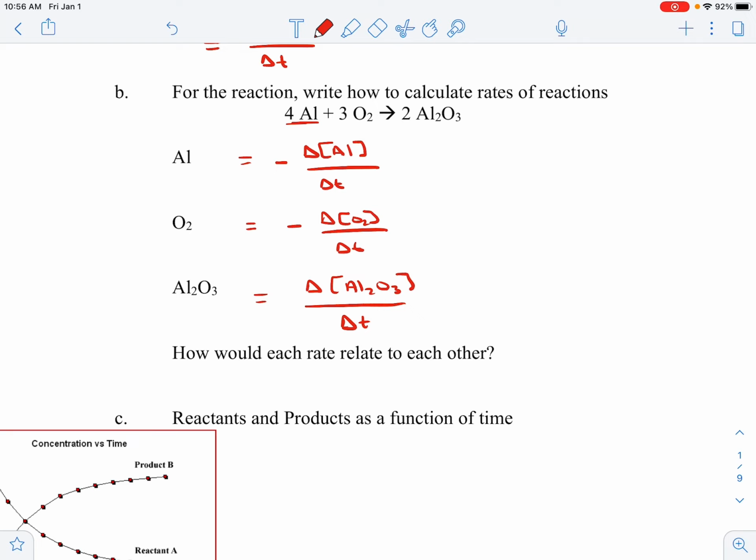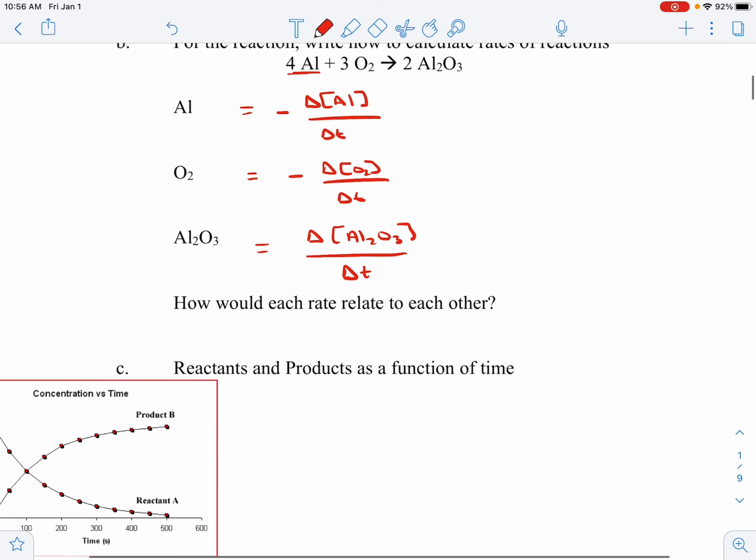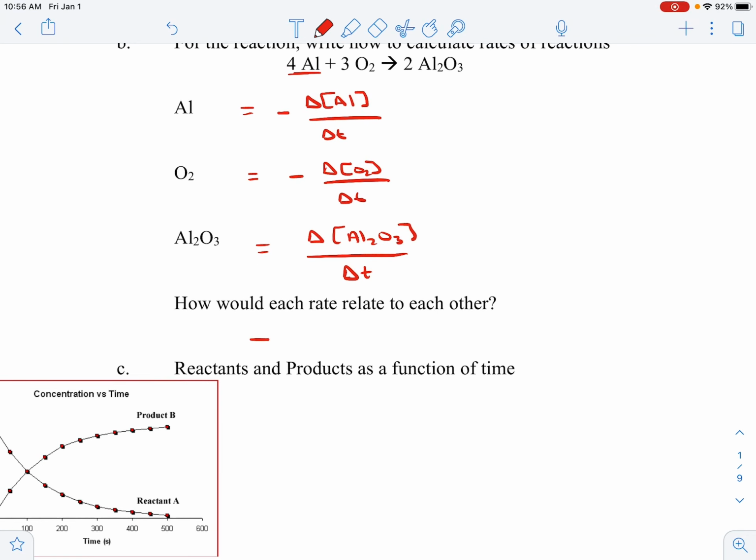Now, relating these together, we have to go to our stoichiometry, all right? Because for the 4 aluminums that I use, I only use up 3 oxygens, so they can be related based on their stoichiometry. So to compare all together, we would say negative 1 over 4 times the change in the concentration of Al over the change in time is equal to negative 1 over 3, because of our balanced chemical equation, the 3 there, times the change in the concentration of O2 over the change in time.